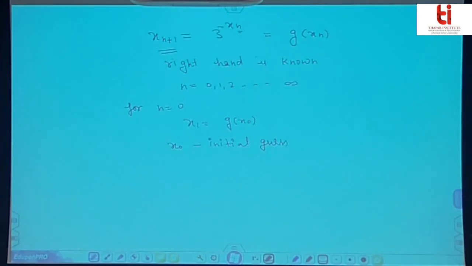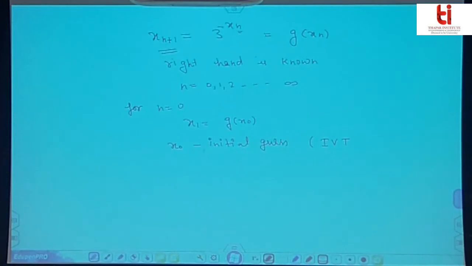That we compute by hit and trial method or by some guess. So x0 is the initial guess that can be computed by the intermediate value theorem. How can we apply the intermediate value theorem? As we discussed in the bisection method, we can get an interval, and then the initial point, midpoint or the final point, any of the points can be taken as the initial guess.